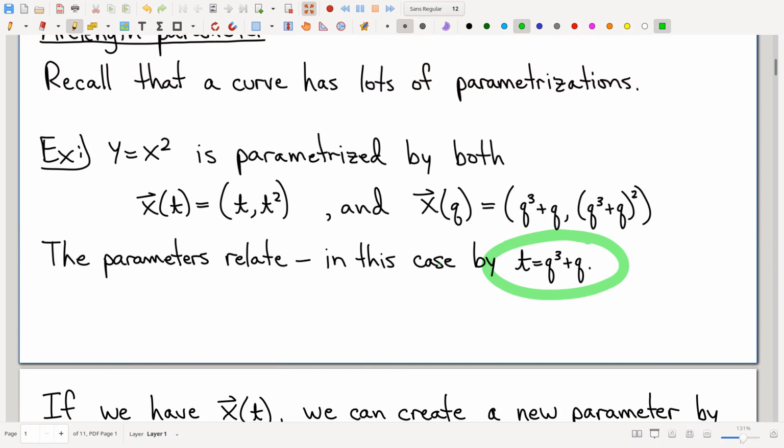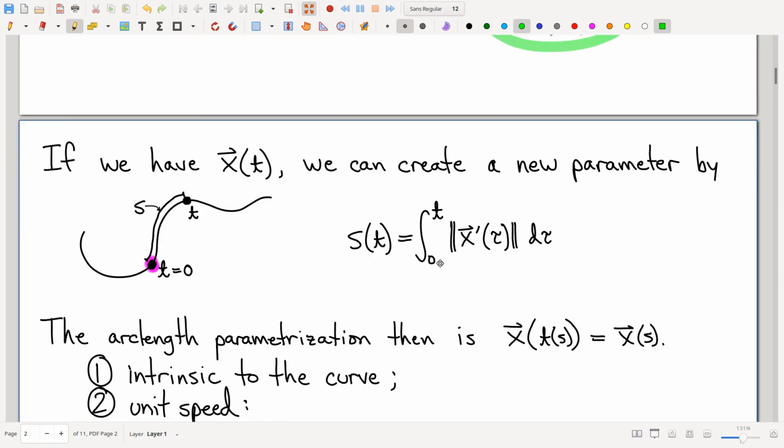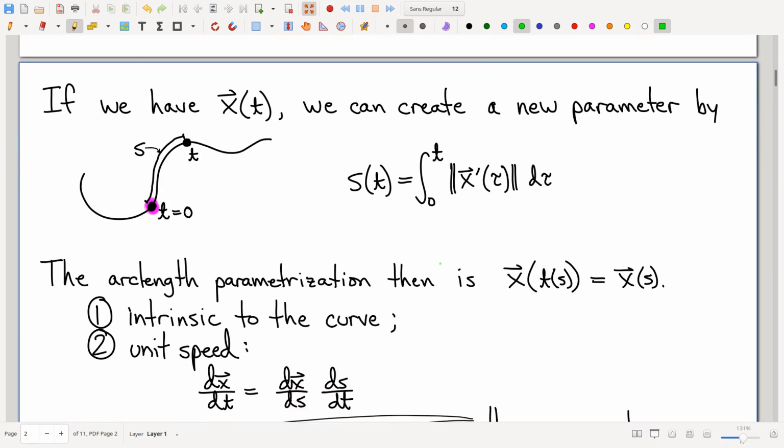There are conditions and details that I want to worry about, but if I can find an algebraic relationship between my new parameter and my old parameter, then it's just a matter of plugging it in. So here's the algebraic relationship. Given a t, my new parameter is the arc length.